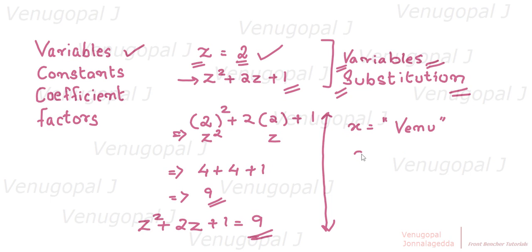So if I say X plus Venkat, and I'm just giving it a name, what is X plus Venkat? X, you know, is Venu, so it is Venu plus Venkat. I'm just giving a crude example of what programming will look like, but this is what people do using variables.